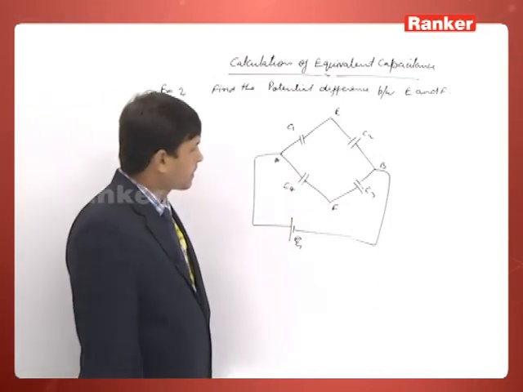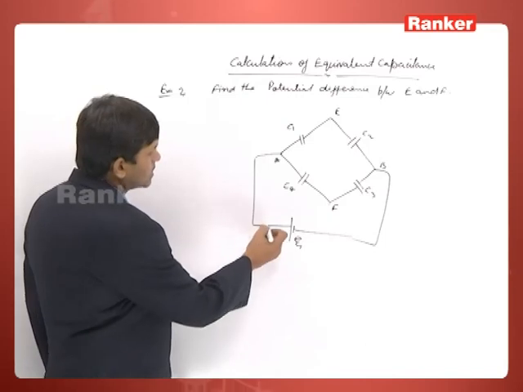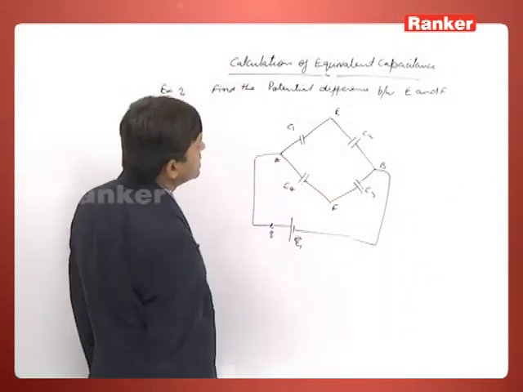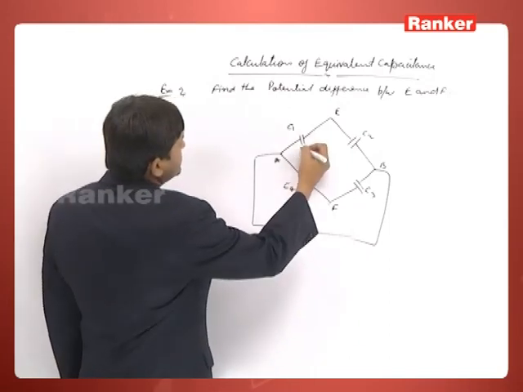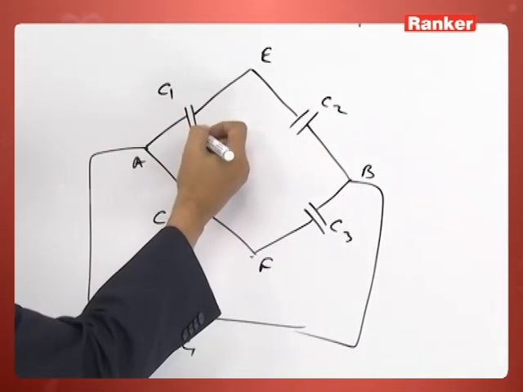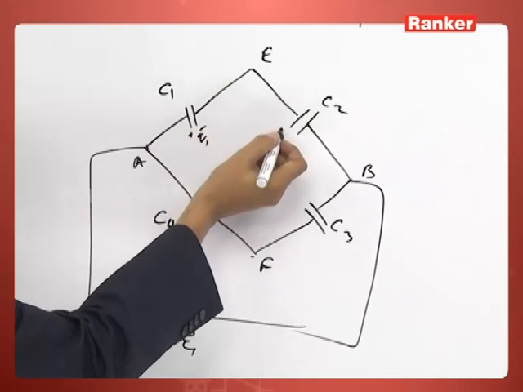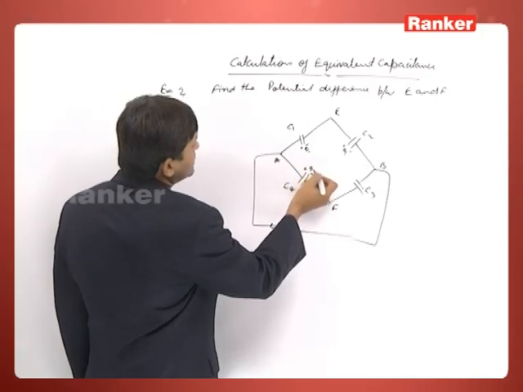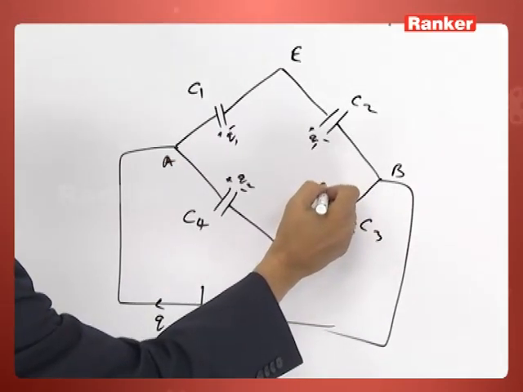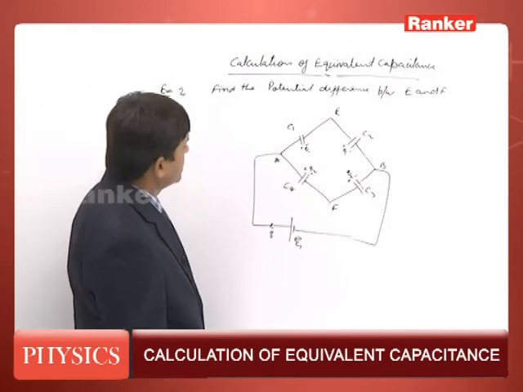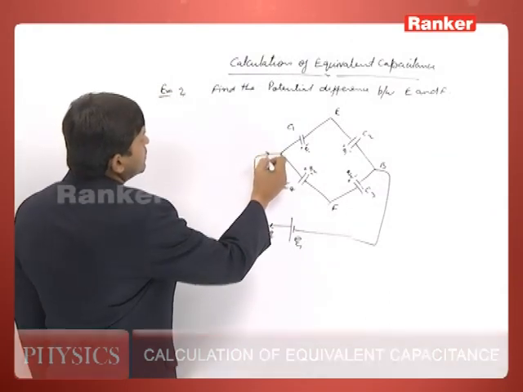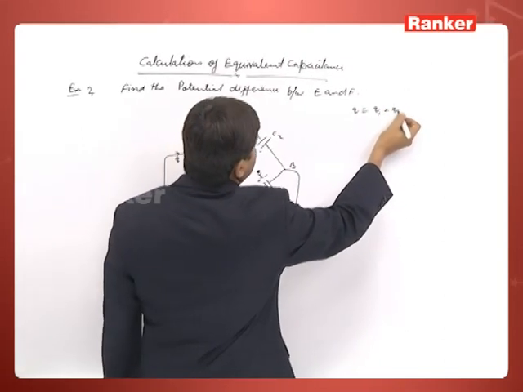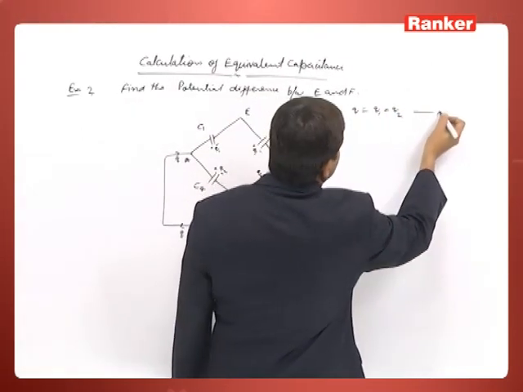See, according to Kirchhoff law, if Q charge goes here, that Q charge divides; let here it be Q1, then here also Q1, and here let Q2, here also Q2. So first equation we can say Q is equal to Q1 plus Q2. This is your first equation.